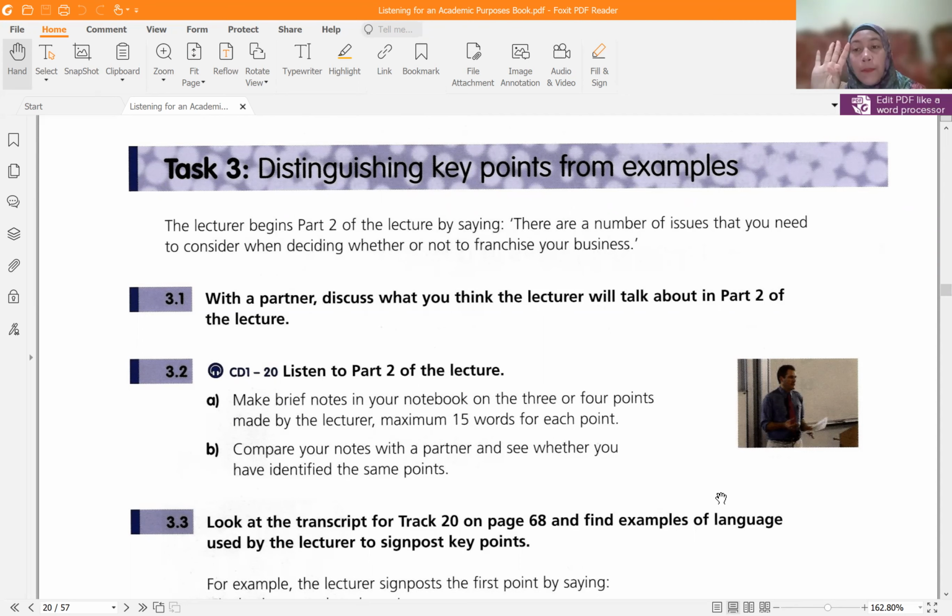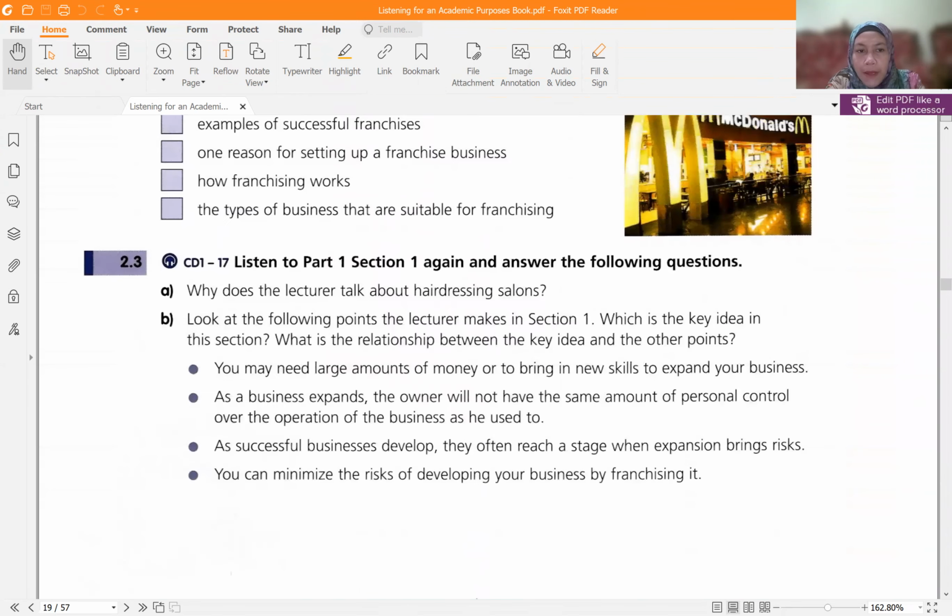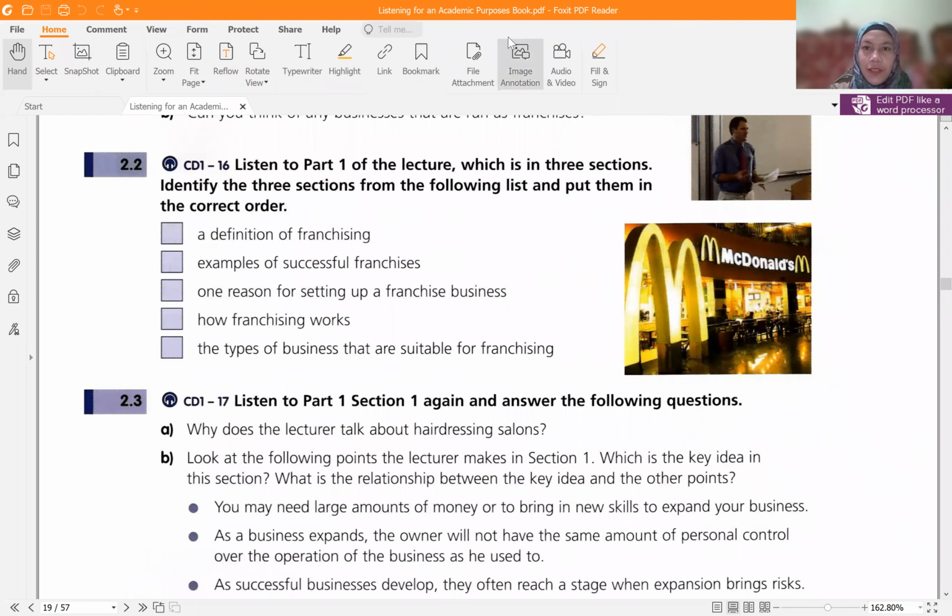Jadi ada 3 sampai 4 points yang akan dibuat oleh the lecturer, and then you need to write down the 3 to 4 points that he made in maximum 15 words for each point. Ya, jadi nanti kalian akan membuat poin seperti yang sudah kita buat di section pertama, seperti di sini. Contohnya seperti ini.